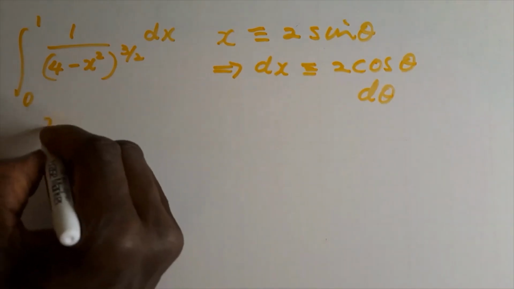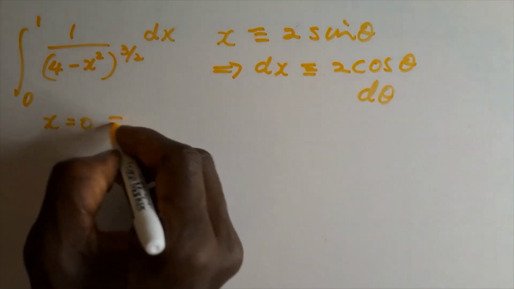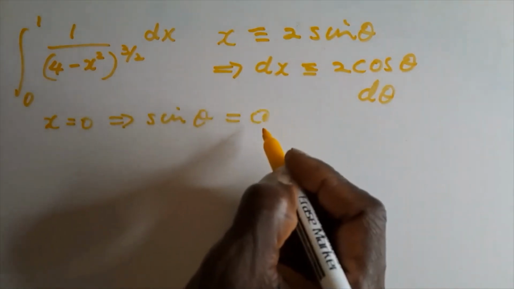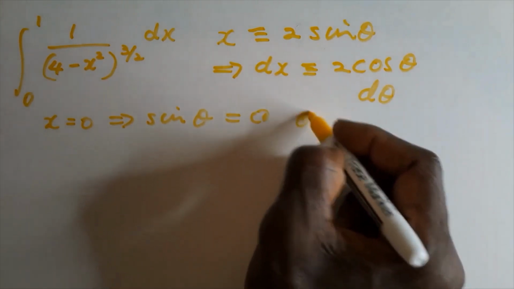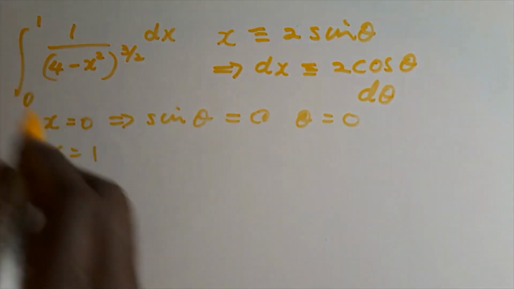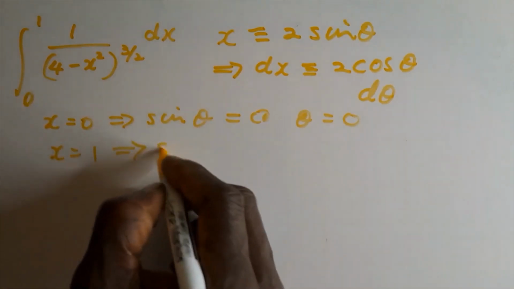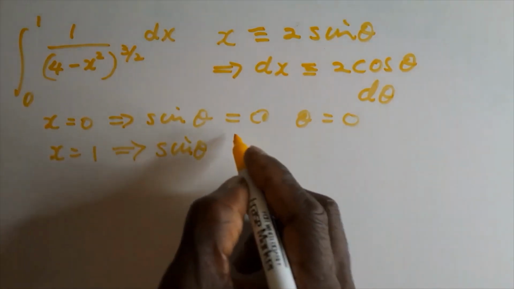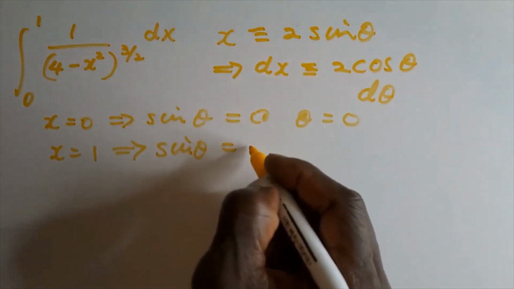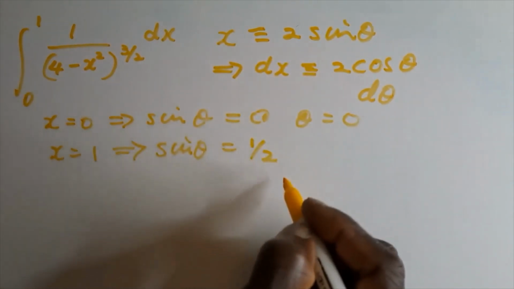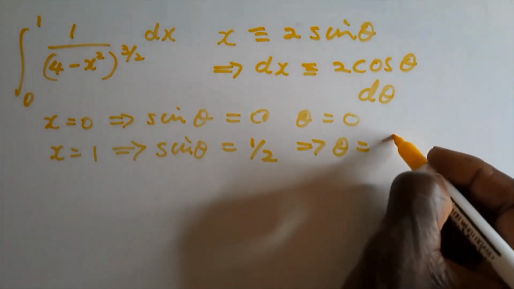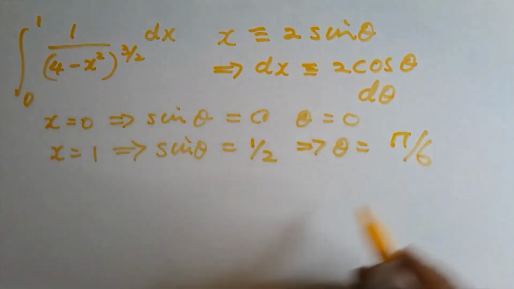Now when x is equal to 0, we have that sine theta is equal to 0. That means theta is equal to 0. And when x is equal to 1, the upper limit, sine theta is equal to a half, giving us that theta is pi over 6.